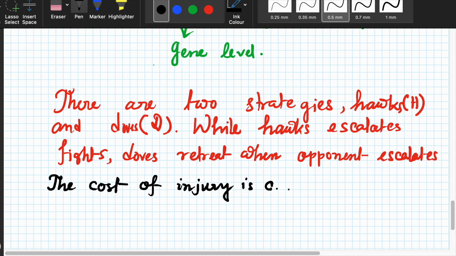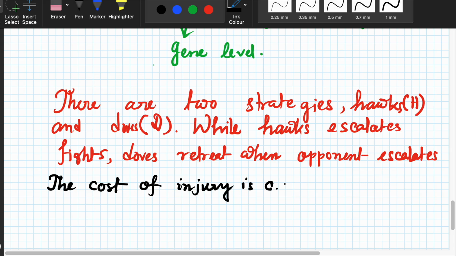If two hawks meet, and suppose the benefit of getting a mate is B. Let me pause for a moment and talk about these costs and benefits.